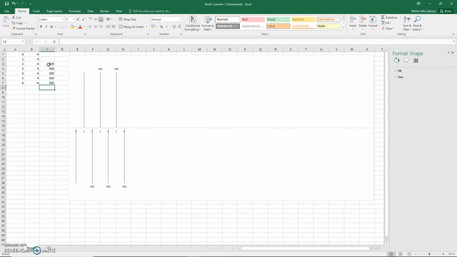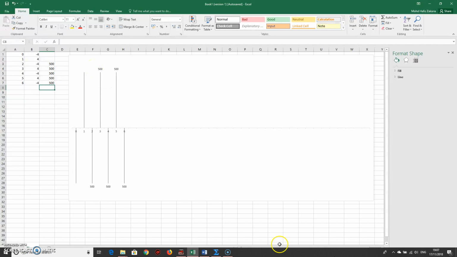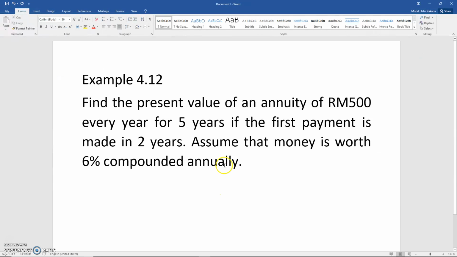So basically this is what happened. Okay, so how do we find the present value? Let's look at the question again.